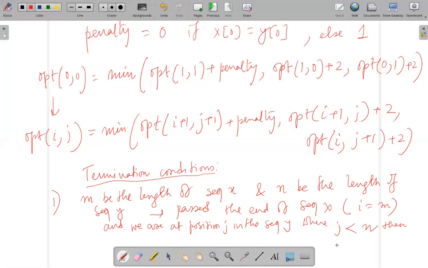So in this case, the cost OPT Mj is equal to n minus j. So there are n minus j gaps that need to be filled, each costing a penalty of 2. Okay.